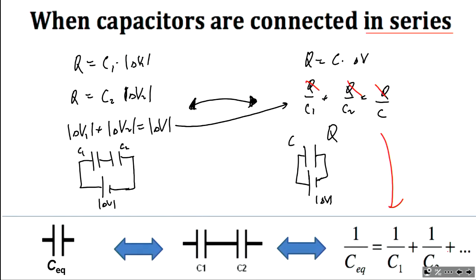And to calculate the capacitance equivalent to all those, we have to apply this equation, which we just have proved. We proved for 2, but of course, the process works for any number of capacitors as long as they are all connected in series.